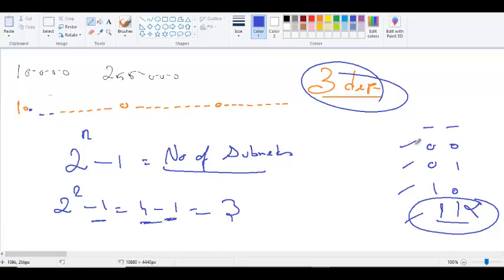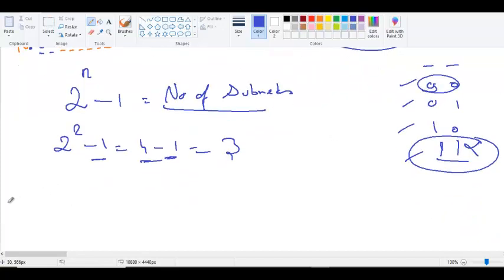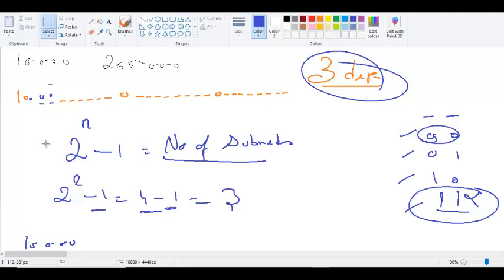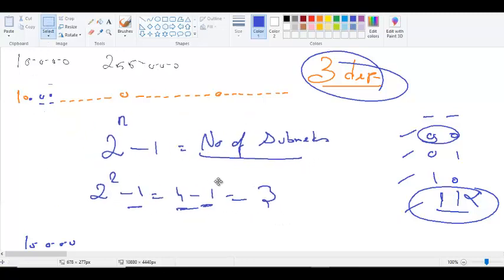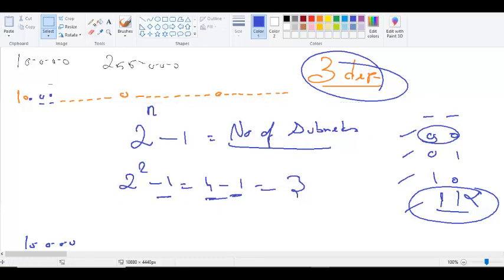Now when I apply this here, what do I get? 10.0.0.0. Why? Because both the bits are 0, even though the place values are 128 and 64. 2 to the power of 7 is 128, and 128 multiplied by 0 is 0.